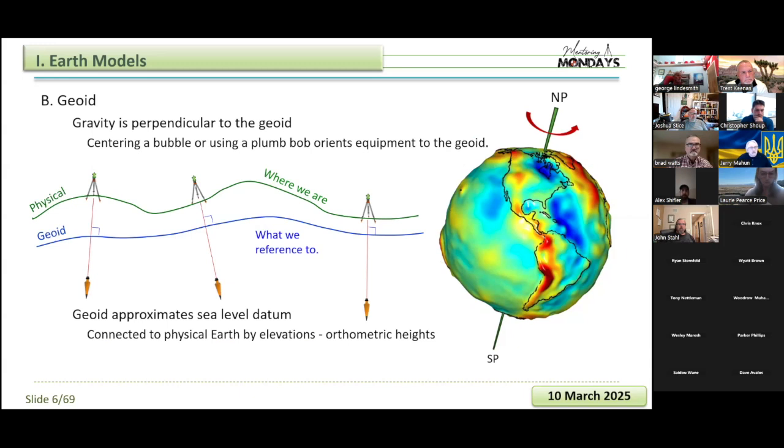Well, we try to fit a mathematical surface to that. So again, we're measuring on a physical Earth, and the geoid is what we reference ourselves to, and that roughly approximates what we refer to as a mean sea level surface, although it's not strictly that in its truest sense.